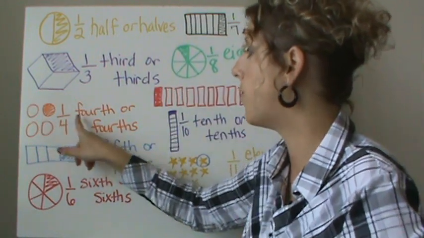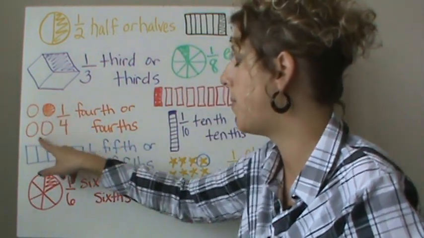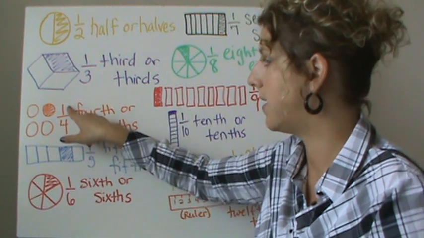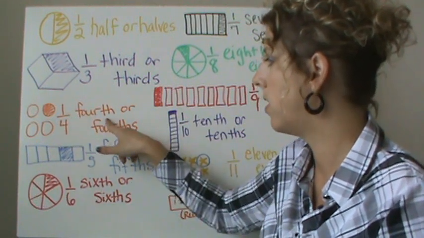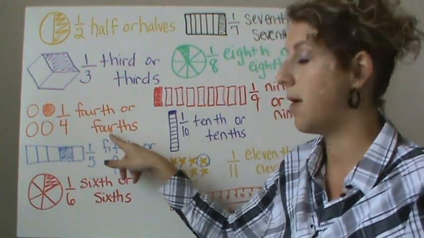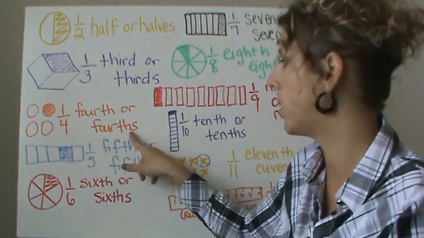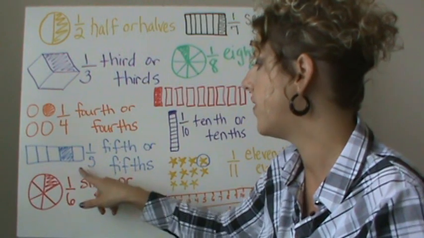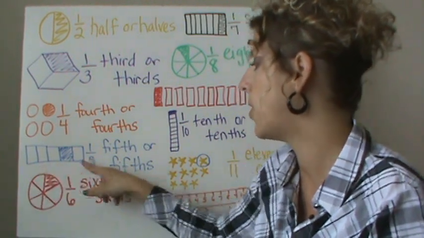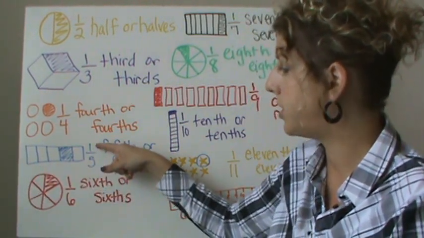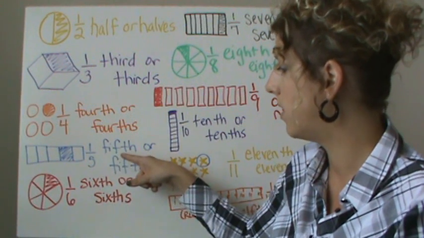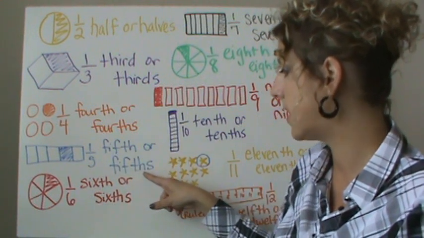Moving down to 4th, we have 4 parts to the whole. I've shaded in 1, so 1/4. Or if I had more, I would say 3/4, 4/4, 2/4. For 5th, there are 5 parts in the whole. 1 is shaded in, so 1/5, or many fifths.